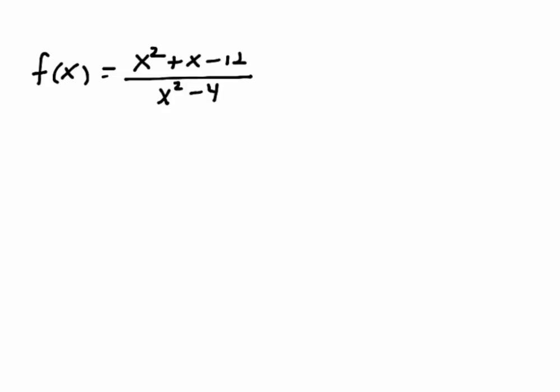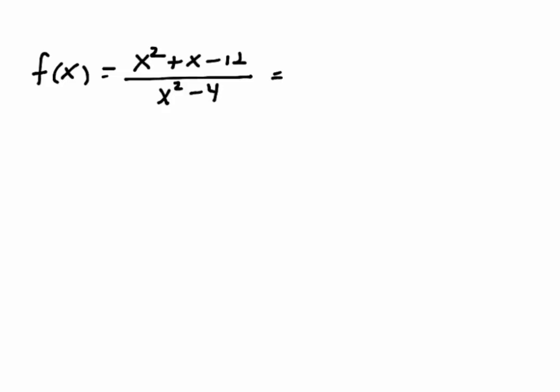All right, so right now we're going to try to graph a function, a rational function actually, and this one is x squared plus x minus 12 over x squared minus 4.